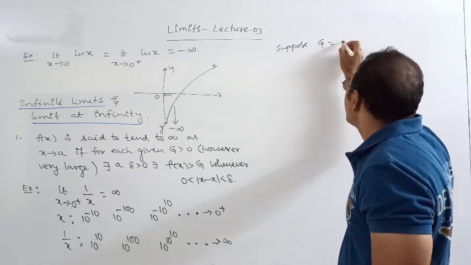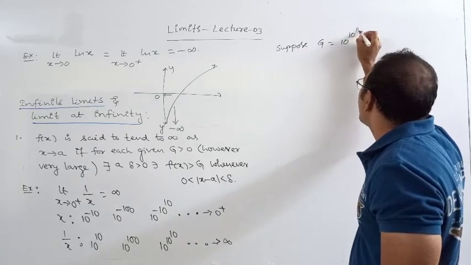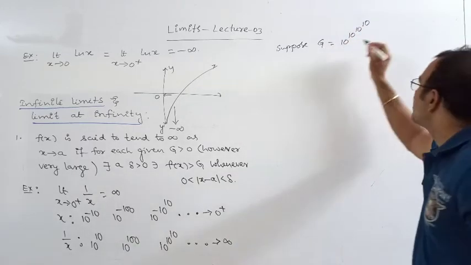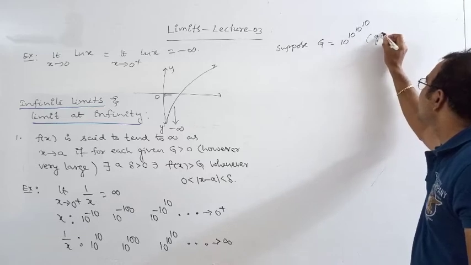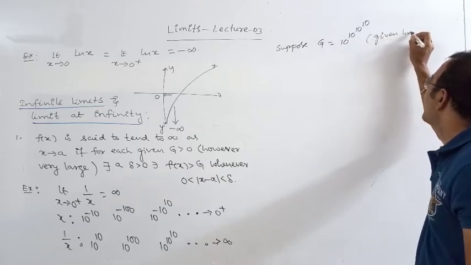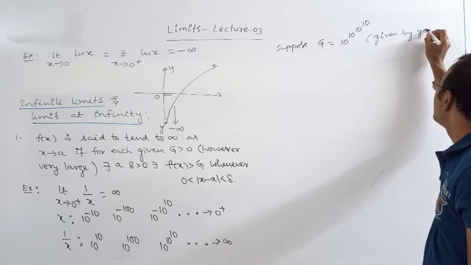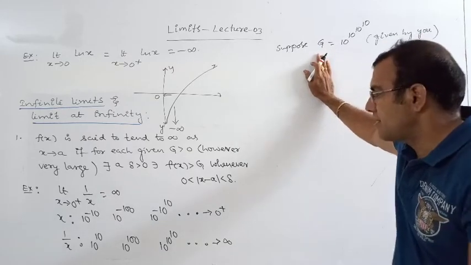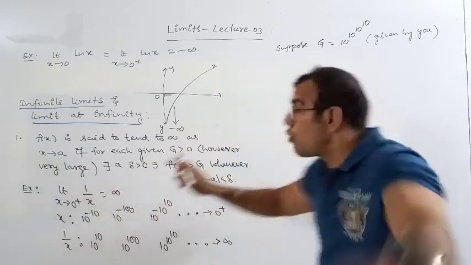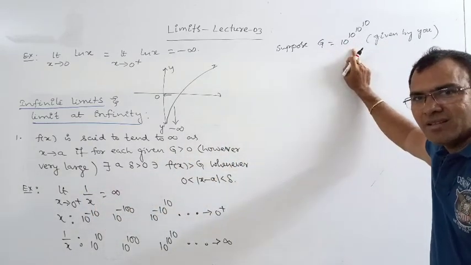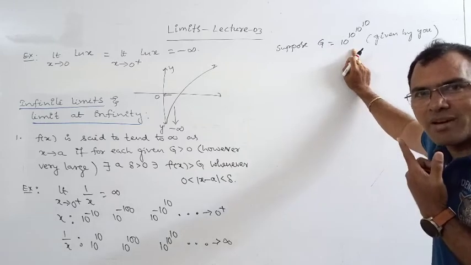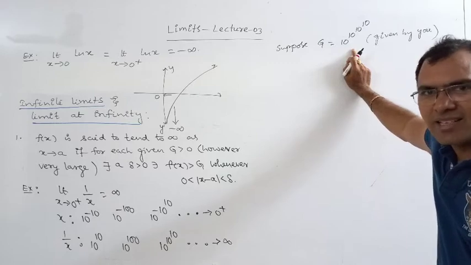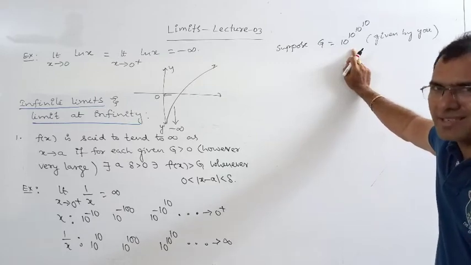somebody has given g equal to 10 to the power of 10 to the power of 10 to the power of 10. This is given by you. If I am able to show that the value of 1 by x is more than your number, then definitely 1 by x tends to infinity as x tends to 0 plus.